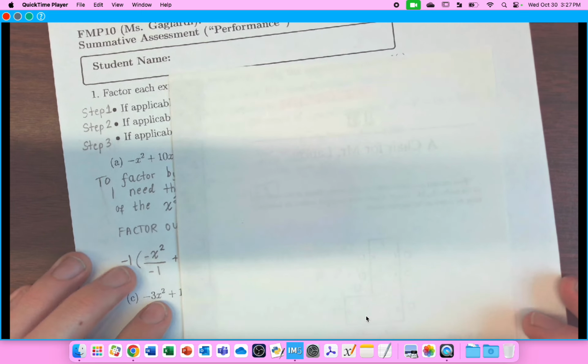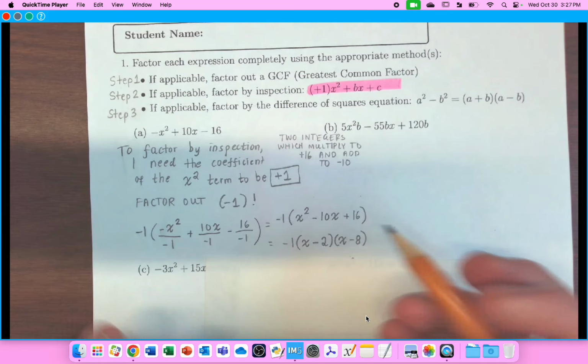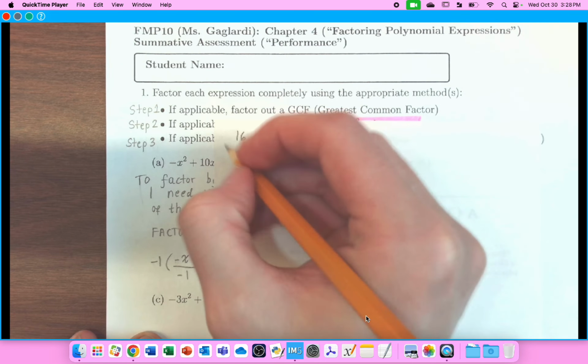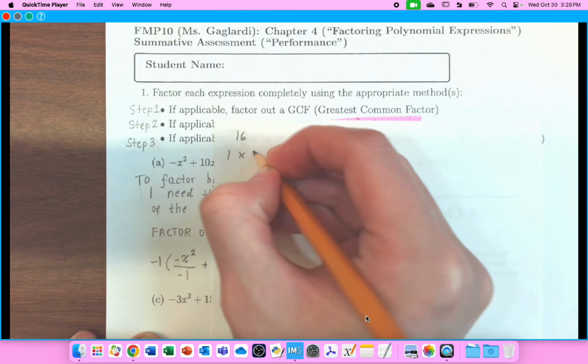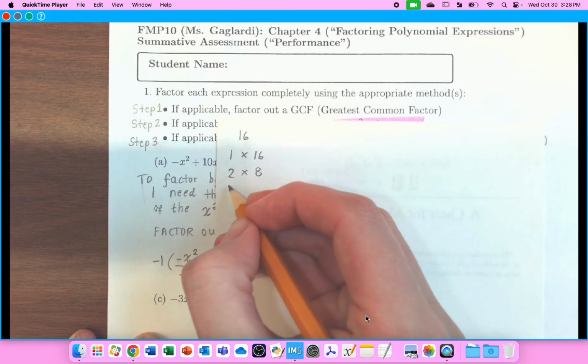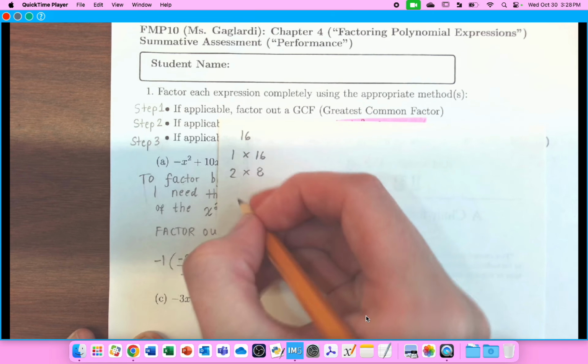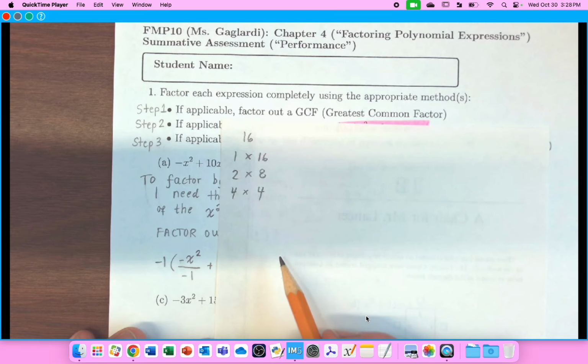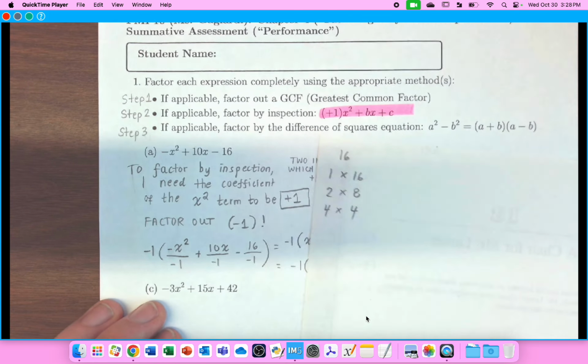So it's like 16, we can get to 16. We can get there by having 1 times 16, 2 times 8, 3 times nothing, because 3 doesn't work perfectly like that. 4 times 4, that's it.